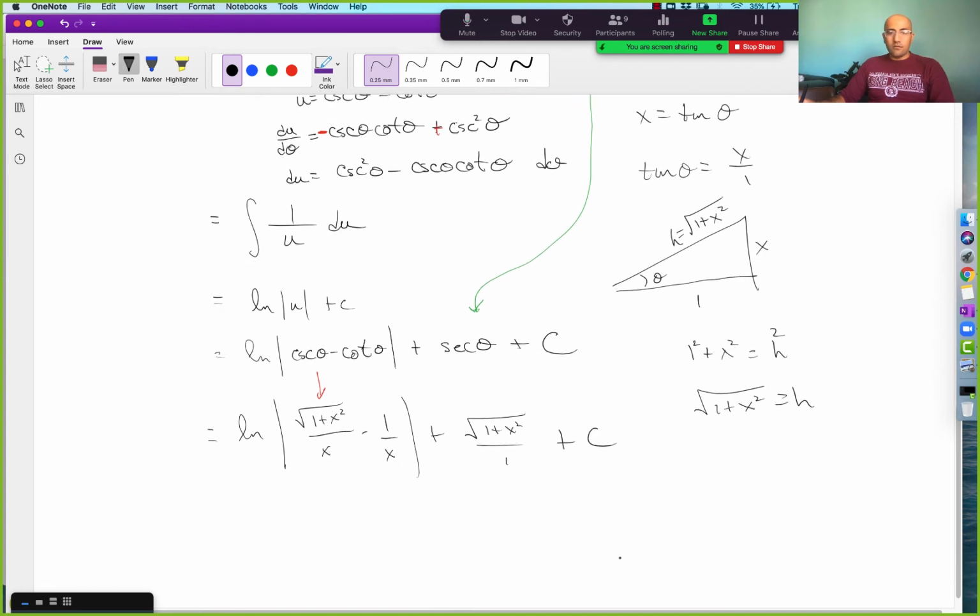Good. Well, we could just combine those into one big happy fraction. ln of the absolute value of the square root of 1 plus x squared minus 1, all over x, in absolute values, plus the square root of 1 plus x squared over 1, plus a constant.